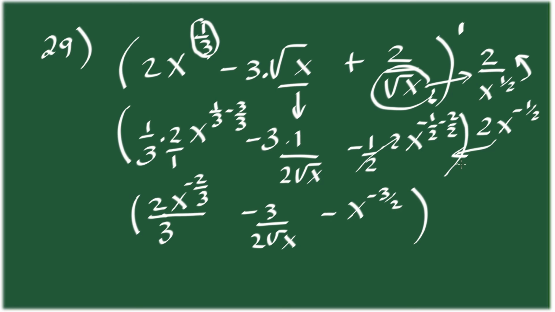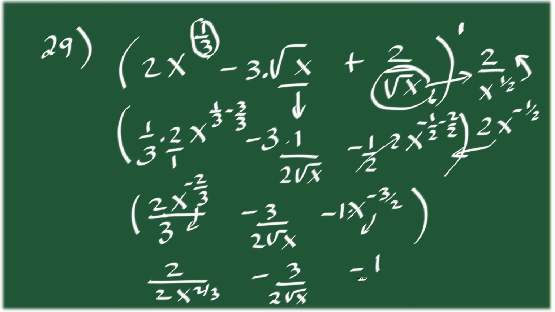Now we can just move this down. So that's 2 over 3, x to the 2/3, minus 3 over 2, that stays the same. And then again, this is times 1, that's minus 1 over x raised now to positive 3/2.